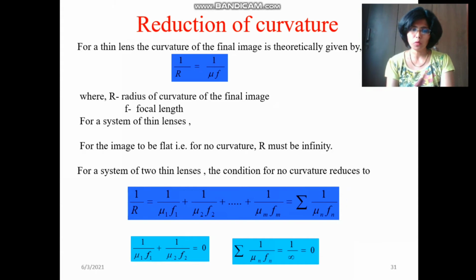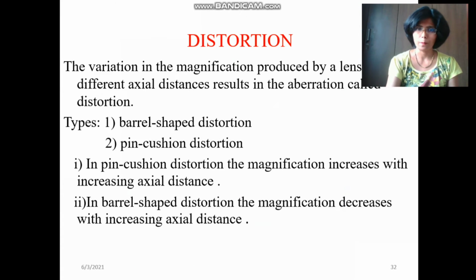Since mu1 and mu2 are always positive, the condition will be satisfied if f1 and f2 are of opposite sign. This means that for the elimination of curvature, if one of the lenses is convex, the other must be concave. Thus, by taking a combination of suitable concave and convex lenses of the same or different materials, the curvature of field may be eliminated.